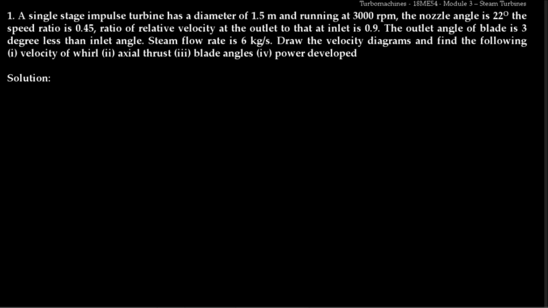The outlet angle of blade is 3 degree less than inlet angle. Steam flow rate is 6 kg per second. Draw the velocity diagram and find the following. First one, velocity of whirl. Second one, axial thrust. Third one, blade angles. Fourth one, power developed.